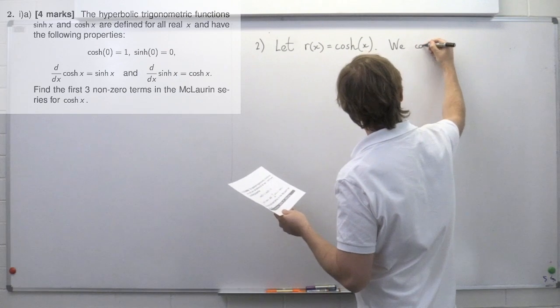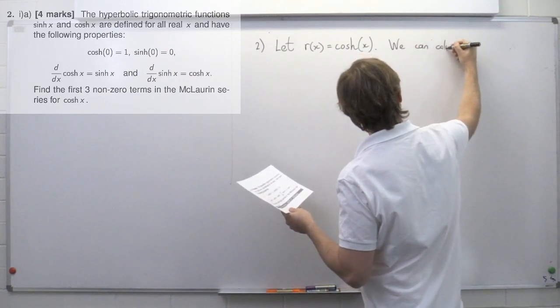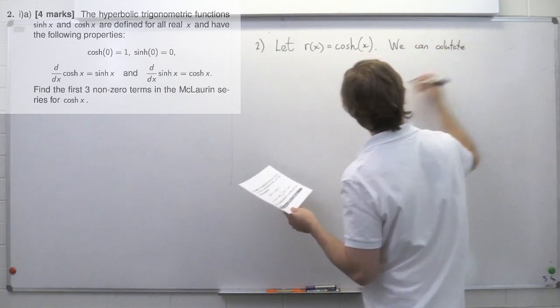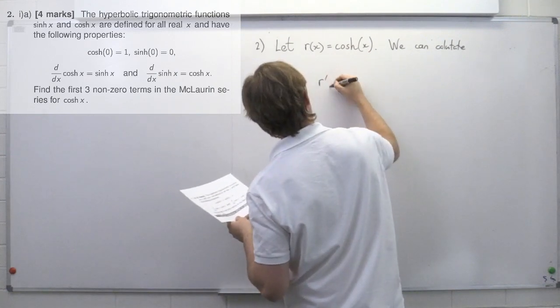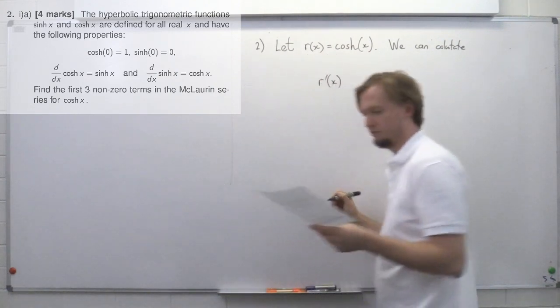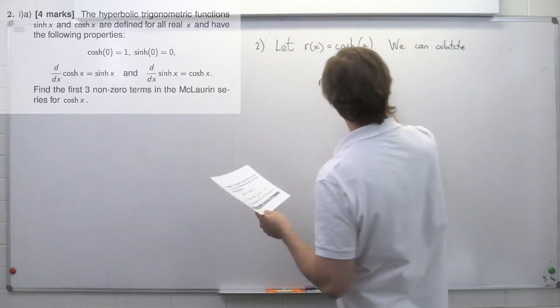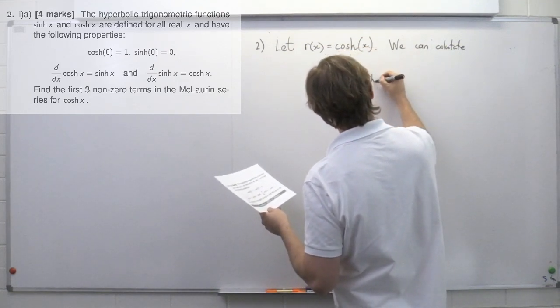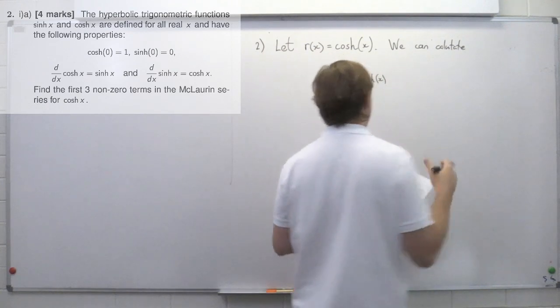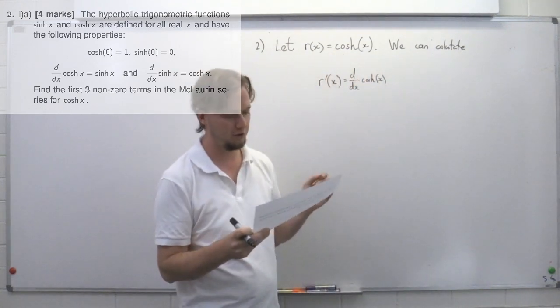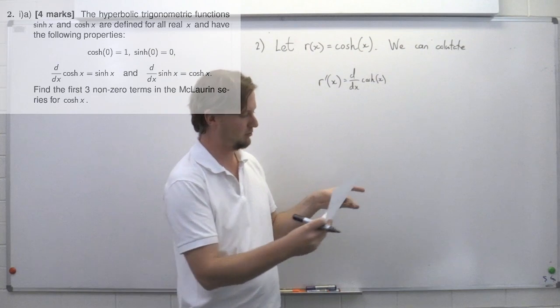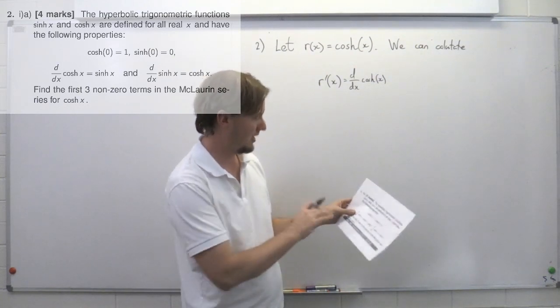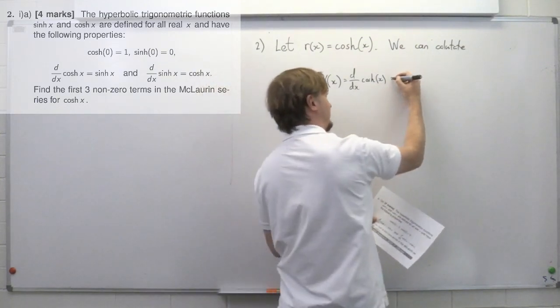So let's just see what the information here tells us about the derivative of this hyperbolic cos. So we can calculate. Well, let's try and get the first derivative of the hyperbolic cos. So by definition, this is just the derivative of cosh. And it actually tells me right here that the derivative of hyperbolic cos is hyperbolic sine.